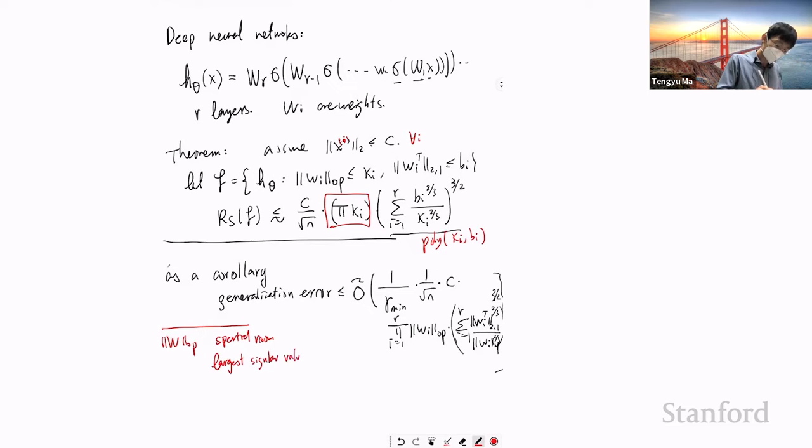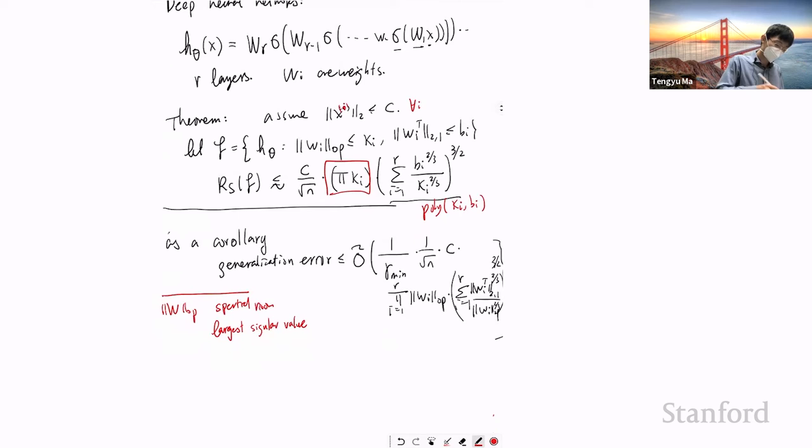The formal definition is the max over x. I call it the operator norm because if you think about W as an operator, then this is saying how does this operator change your norm? If you give it a 2-norm vector, how does it change the norm?